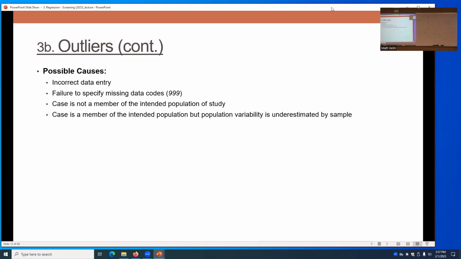Okay. You can also have a situation where a case is an intended member of the population to study, but the population's variability is just underestimated by the sample. So we're looking at, say, eating behavior, and I have someone who is a student athlete who's, say, 6'10" and 250 pounds or something like that.